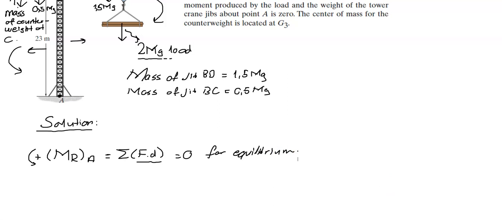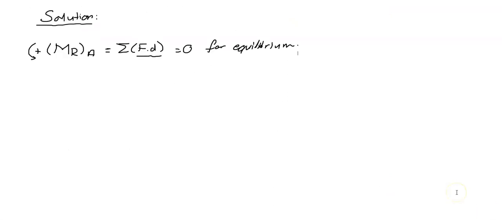Okay, so let's write down some equations now. So we have 0 is equal to, let's call this mass C. We're trying to find mass C. So we need to multiply this by 9.81, which is g. So that's the weight of our counterbalance weight at C. That's acting counterclockwise, so that's positive.